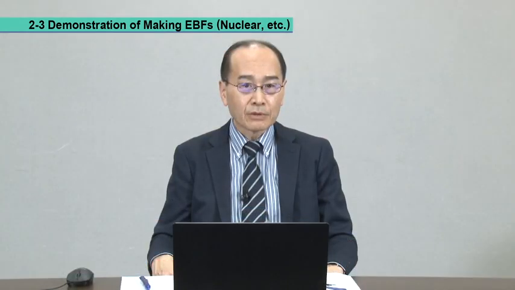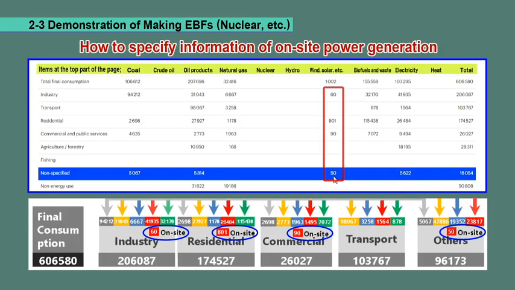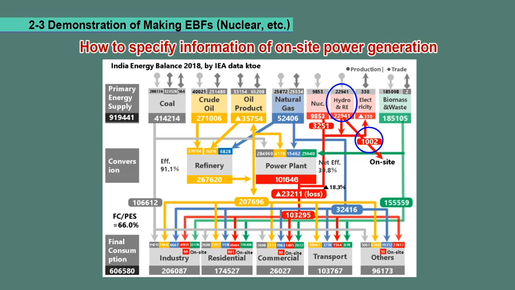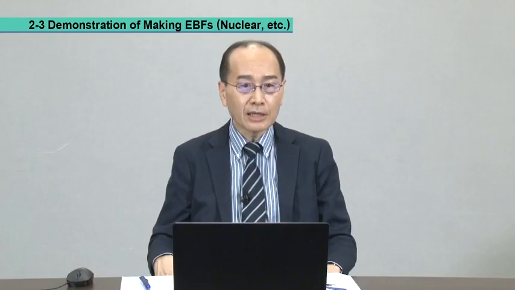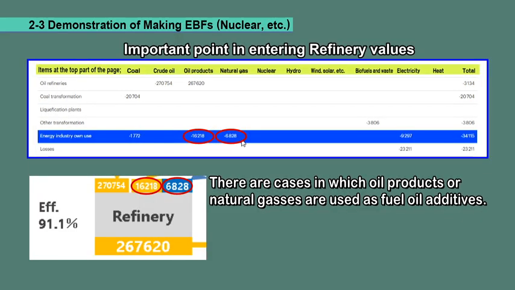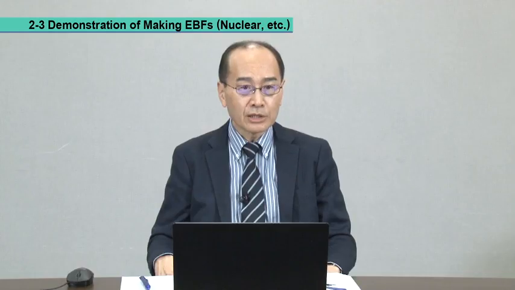The second point is to add on-site power generation output in the final energy consumption part. Also, going back to the supply side at the top, specify the amount of electricity supply of on-site power generation. Lastly, refinery. As in India's case, use as the standard the case in which input includes oil products or natural gas as fuel oil additives in addition to crude. Please keep these points in mind when making the EBF.